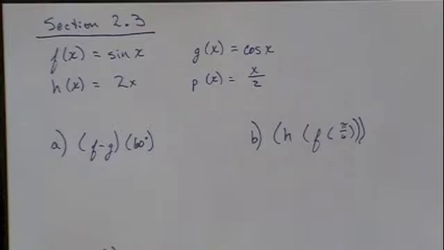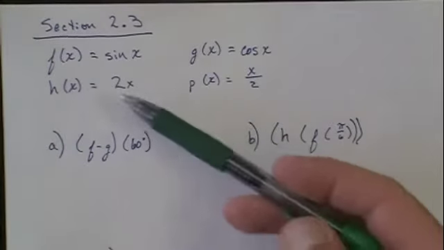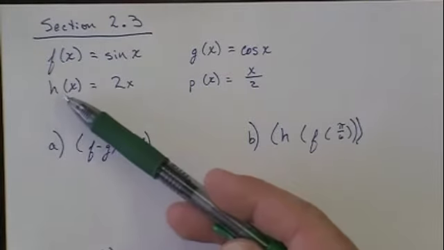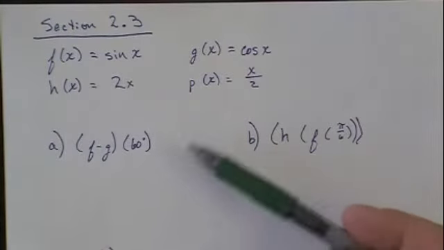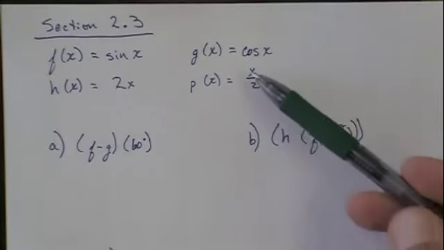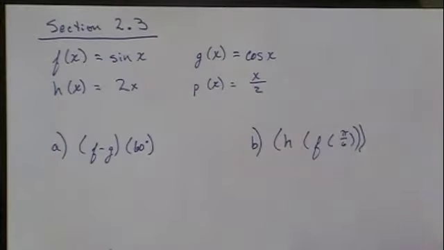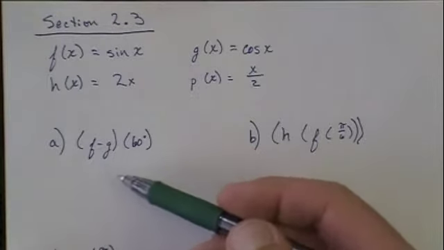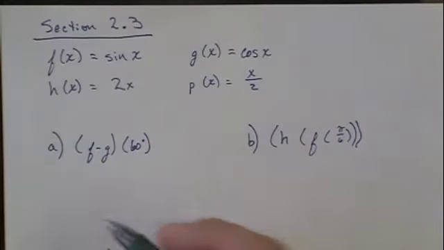Some other types of problems in section 2-3 that we could solve. Here we have some functions. f of x is sine of x and g of x is cosine of x. We also have h of x is equal to 2 times x and p of x is equal to x divided by 2. So in example A here we have f minus g, so we're subtracting the functions at 60 degrees.